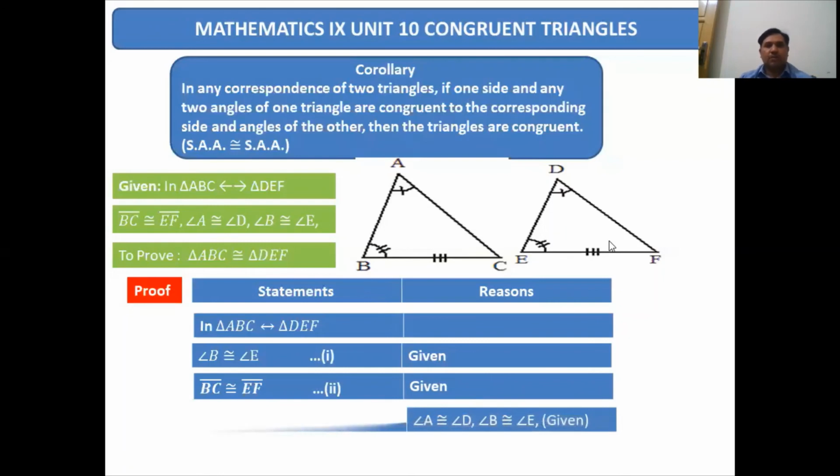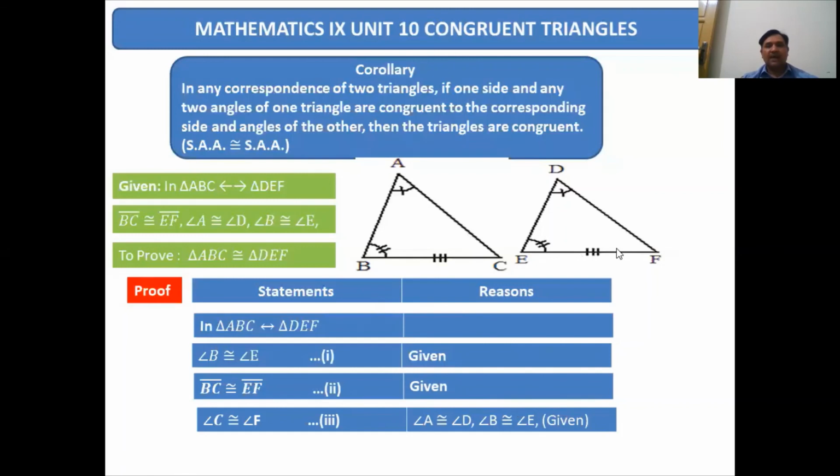So by using this, angle C is congruent with angle F. The reason is that angle A is congruent with angle D and angle B is congruent with angle E, which is given. So these two angles are congruent, and we have discussed that the third angle must also be congruent.